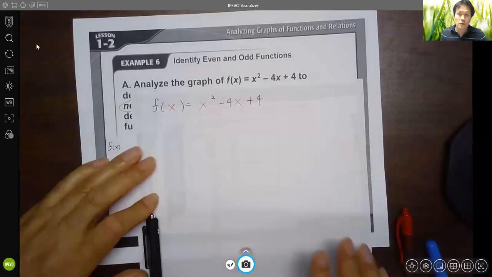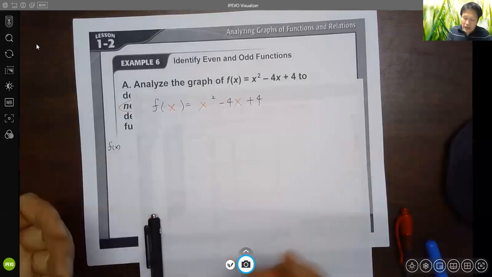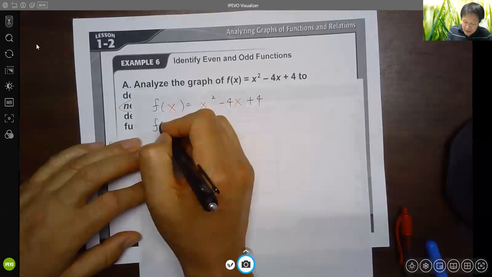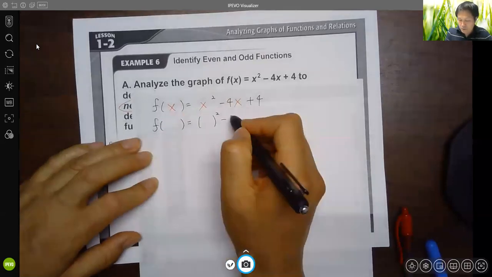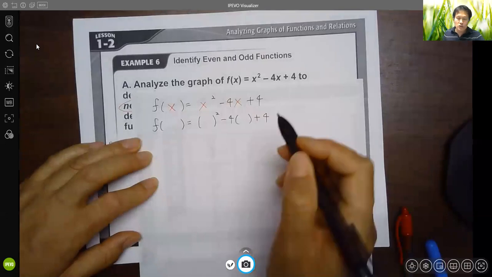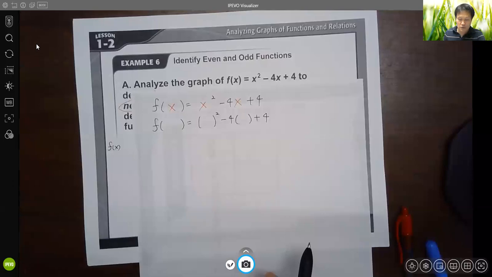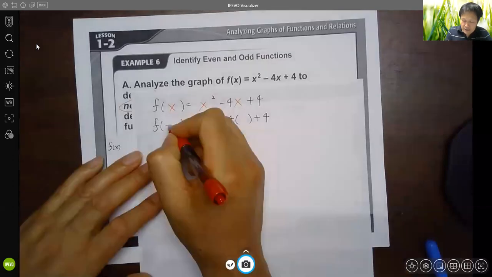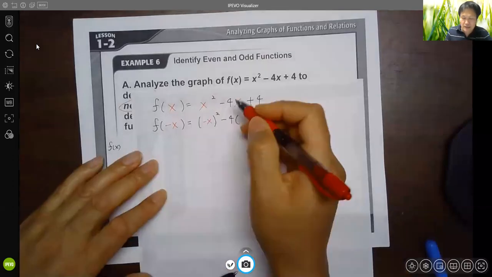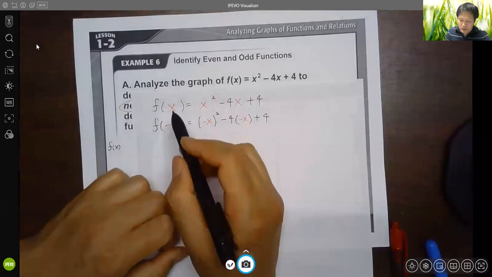That is given. How do we show even, odd, or neither? You have to do f of minus x. This is how I want to set up. Before you do anything, just set it up with a parenthesis. Anywhere x appears, set it up with a parenthesis like this. Then you plug in minus x instead of x.